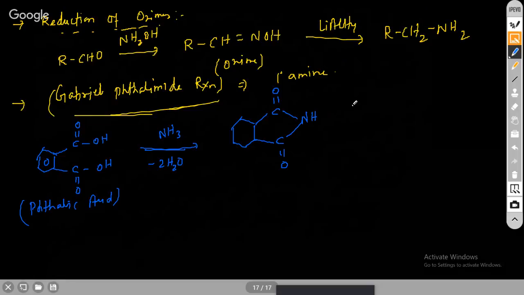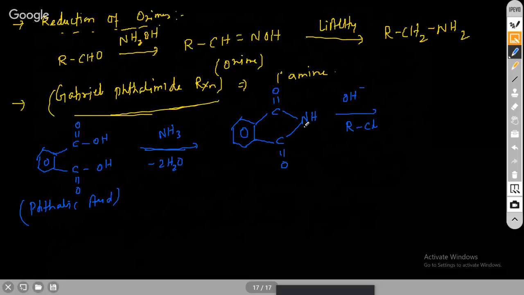Okay, now in this we use any base, that is NaOH or anything we can use, and then we use any alkyl halide, RCl. Remember, the important thing here is the alkyl group that you are getting. With that alkyl group only, you will get the amines.